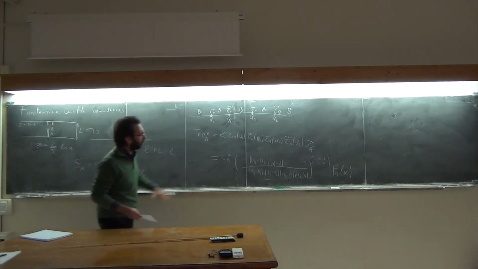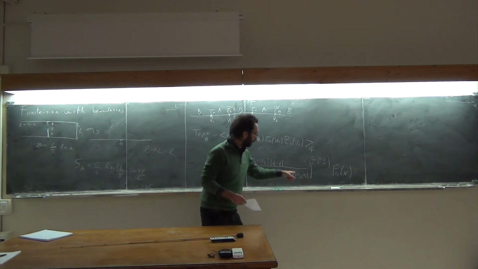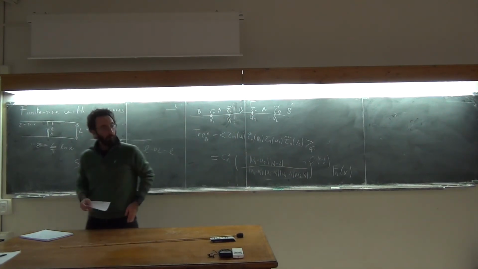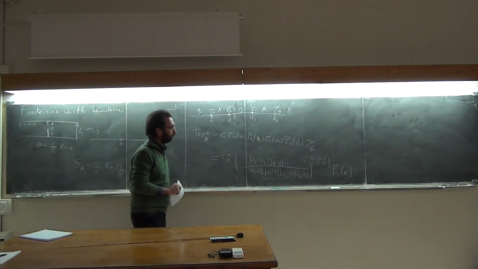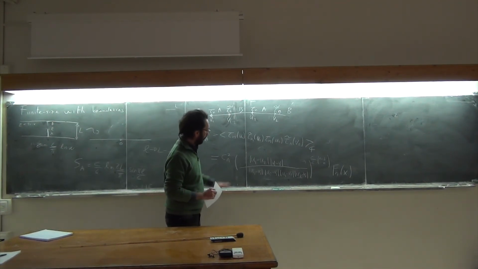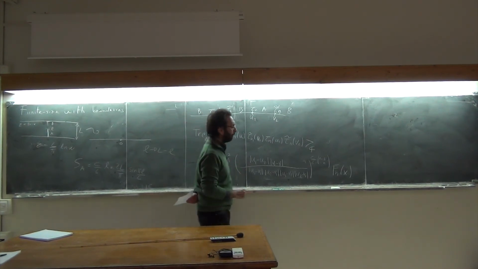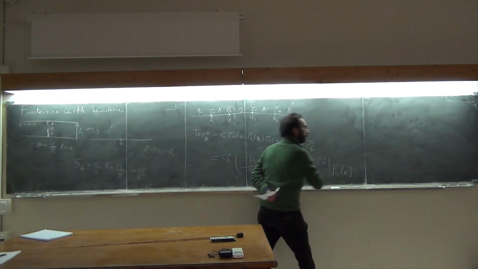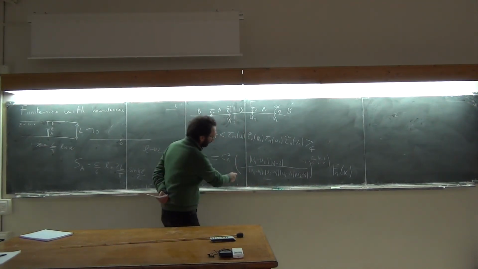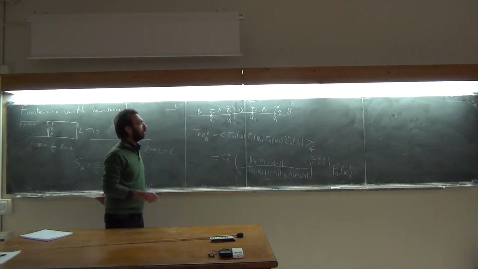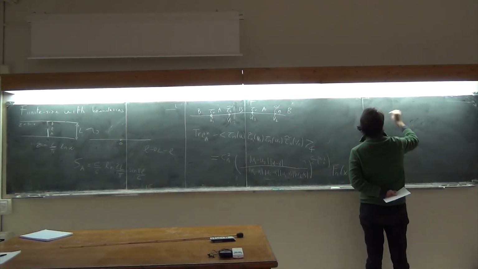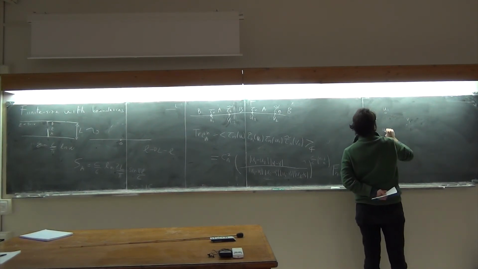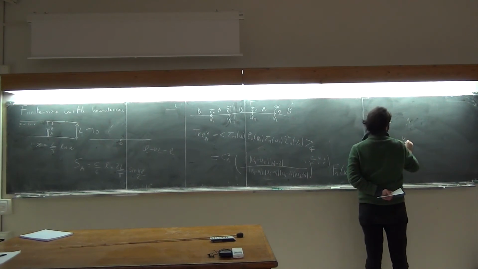So it depends on these 4 points in a not so complicated manner. This is a piece fixed by conformal invariance, and this is a function that is the difficult part of the game. How can we understand this piece that is fixed by conformal invariance? Imagine having 4 points in the plane: u1, v1, u2, v2.